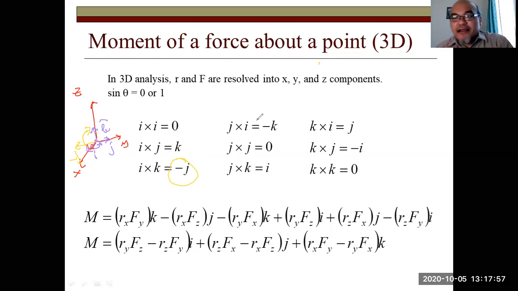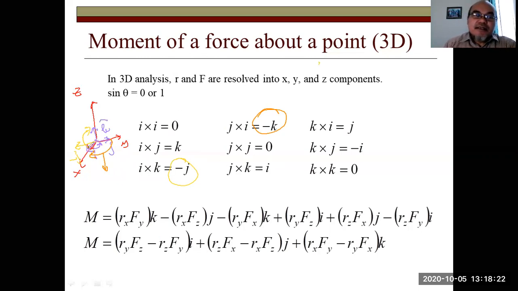What about j cross i? j cross i is from the y-axis towards the x-axis. So this is here, j cross i. Using the right-hand rule, the direction of the cross product result will be towards the negative z-axis. That's why the result is minus k, because it is a unit vector, so the magnitude is 1.